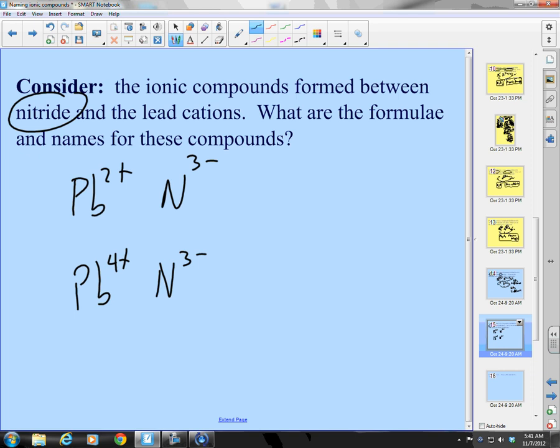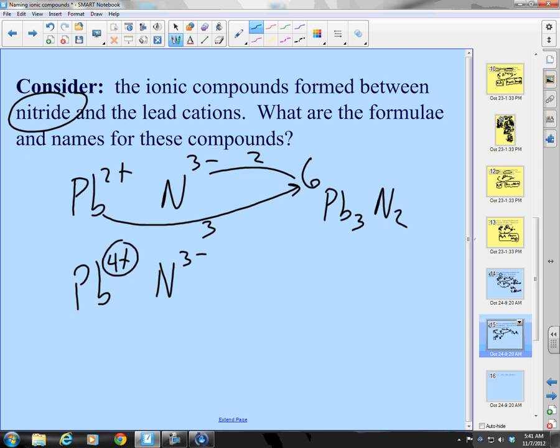Okay, what's my least common multiple between 2 and 3? 6. So how many leads does it take me to get to 6? 3. How many nitrogens does it take to get to 6? 2. So I'm going to have Pb3N2. Well, what's my least common multiple with 4 and 3? Is it 6?